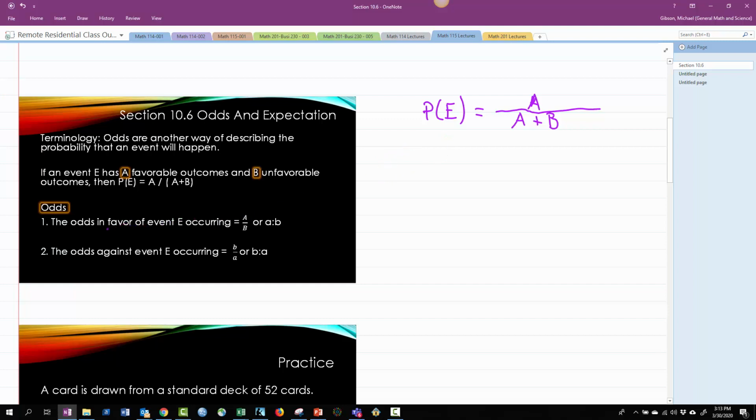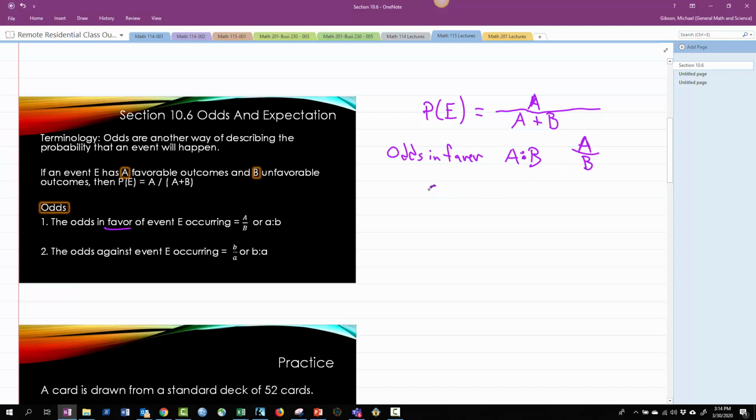Odds in favor, all right? Then what you do, since A is the number of ways before, you do A over B. So odds in favor, you either write it as the number of ways it can happen, colon, the number of ways it doesn't happen, or you write it as a fraction ratio, right?